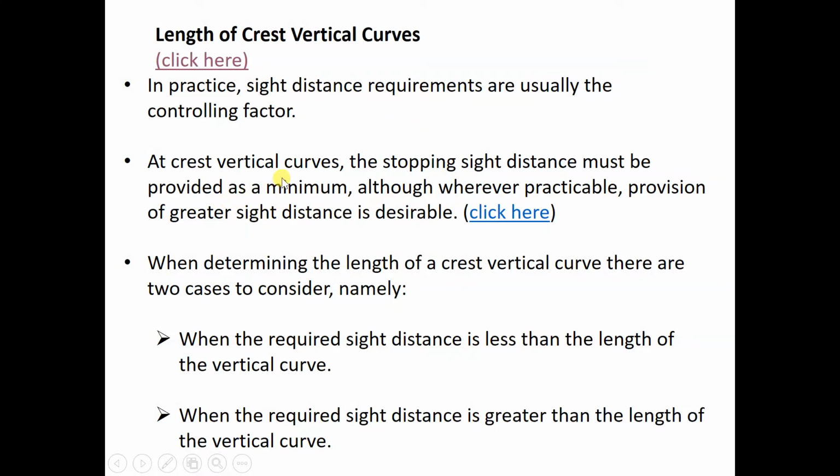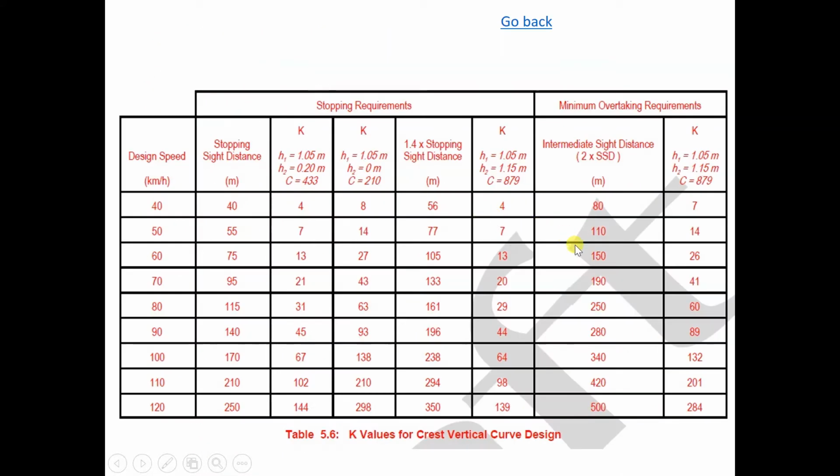At the crest vertical curve, the stopping sight distance must be provided as a minimum, although where practicable, provision of greater sight distance is desirable. So we'll be looking at the stopping sight distance. These are the stopping requirements.